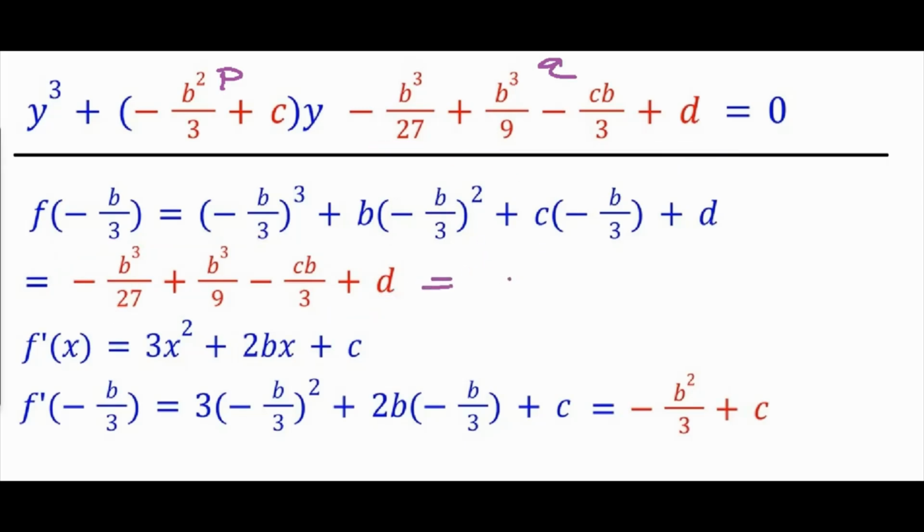So this is Q. And then when you do the derivative and evaluate it at the shift, you're going to get this, which is exactly the same thing as this. And so there you can see that this will always work.